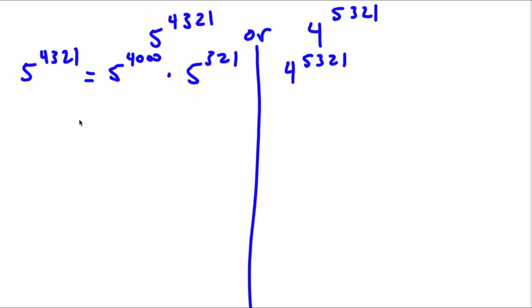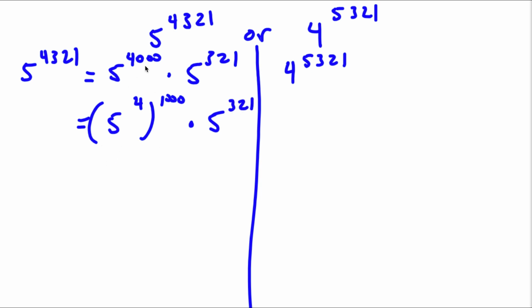And 5 to the power of 4,000 is the same thing as 5 to the power of 4 to the power of 1,000. Now I have this times 5 to the power of 321.